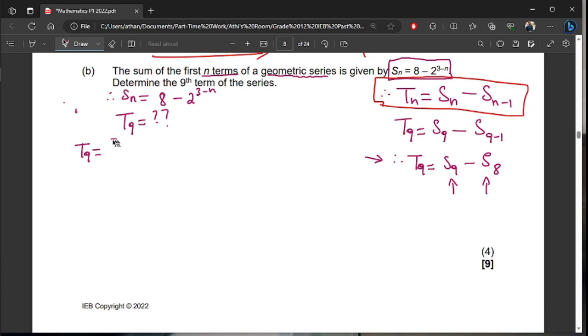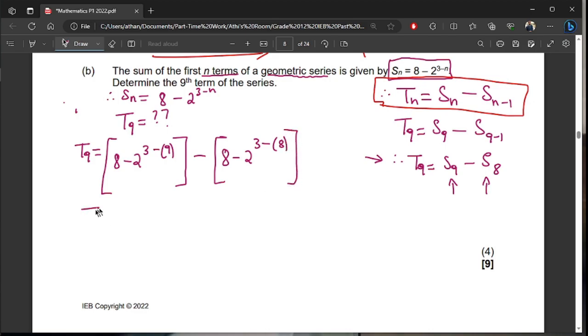This is going to be, let me put it in brackets, 8 minus 2 to the power of 3 minus 9. And then I subtract S8, meaning it's going to be 8 minus 2 to the power of 3 minus 8. And then this will give us T9.